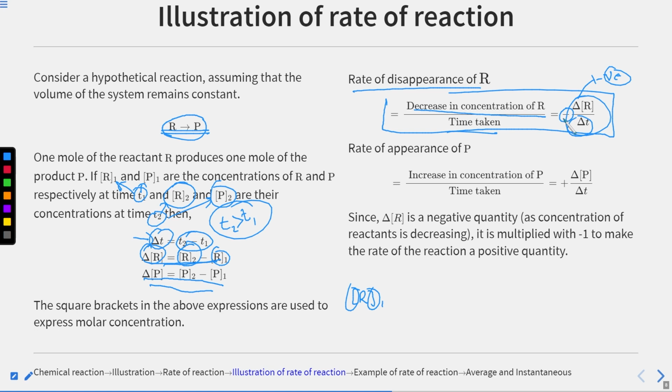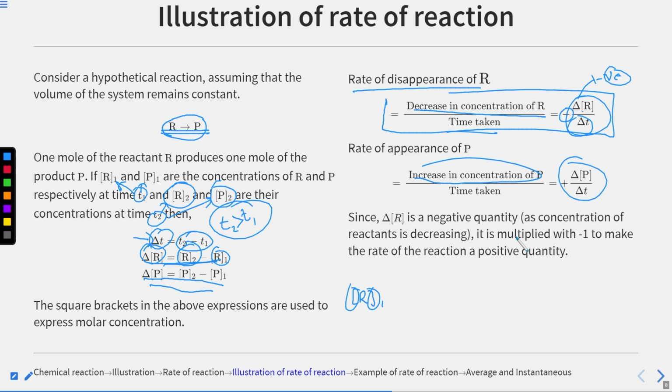So every time we get a rate of disappearance negative, it is neutralized by the negative sign that is put before this formula. If we talk in terms of product, then it is increase in concentration of P by T. I have told you right now, but here the product is being formed. So its final concentration will be more than the initial one, divided by total time.